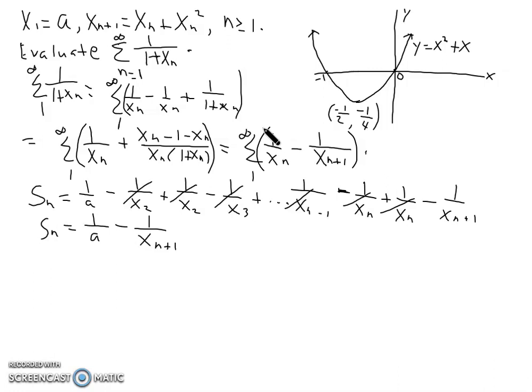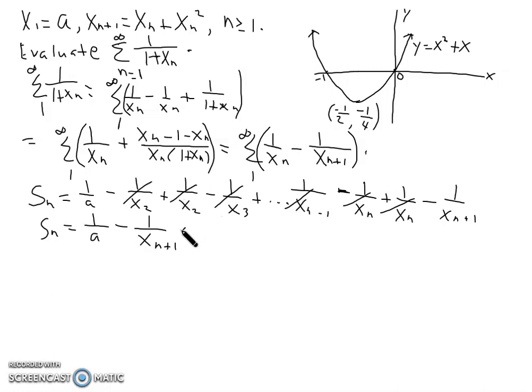So as our indices go from n to n plus 1 to n plus 2 and so forth, each time we increase the value of the index, we're subtracting less from 1 over a, so we get a bigger value of 1 over a minus 1 over x sub n plus 1. So s sub n is increasing, and it's obviously bounded above by 1 over a, but that means that the sequence of s sub n's converges, but that's exactly what it means for the series to converge. Okay, so the series converges.